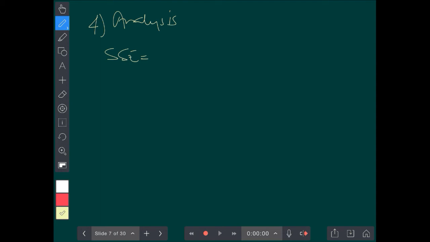SSY is 2258.1, minus SSXY squared, 631.6 squared, over 297.6, and that gives us SSE. Let's see if we can find the value of SSE. When we divide that, that's 977.66.